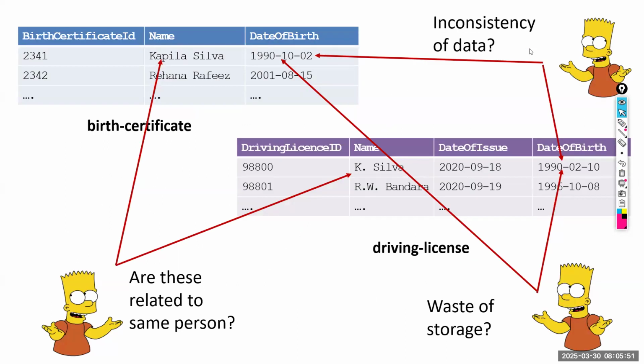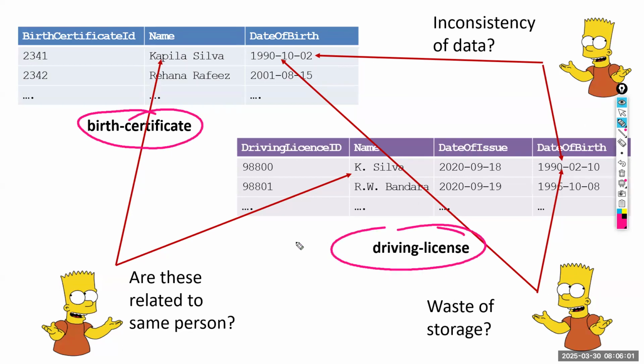Right. So let's look at some of those issues. These are two tables, right? Birth certificate and driving license. So birth certificate ID and driving license ID are the primary keys in these tables. Here you can see we have an entry called Kapila Silva. Here there's another entry called K Silva.